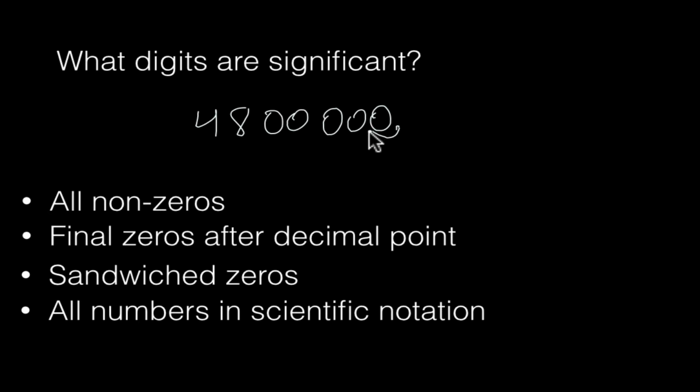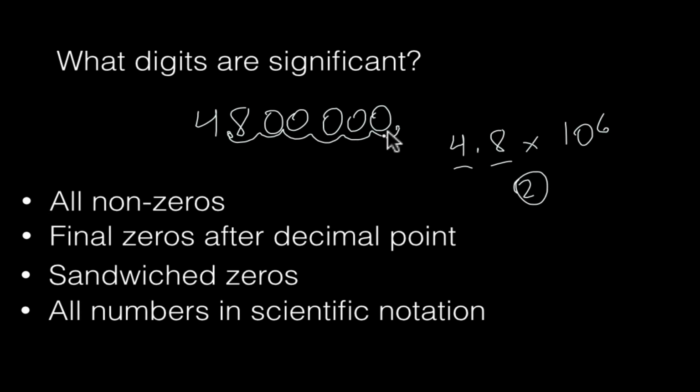So if we took the decimal and we moved it back to right here, and we wrote it in scientific notation, that would be 4.8 times 10 to the 6th place because we moved it back. So how many significant digits would that have? It would have 2 significant digits in that case, because all these zeros right here are not significant in that case.